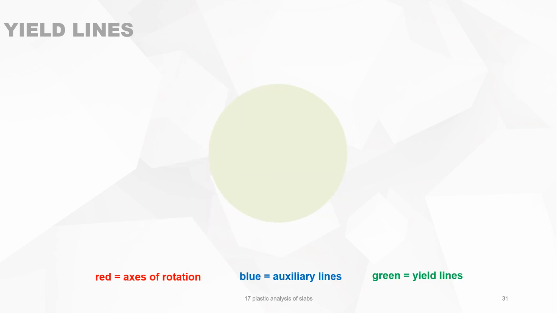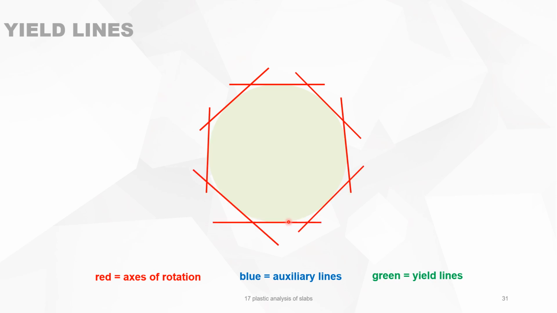Suppose we have a circular slab, and it's continuously supported around its edges. Then the axis of rotation, well, in each point of the circumference of the circle, there is an axis of rotation. In each point. I only draw a very few, but in fact it's in each point. Then we draw the auxiliary lines.